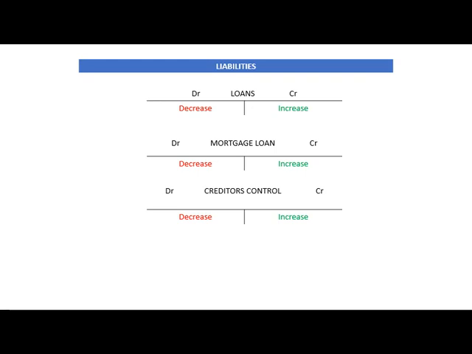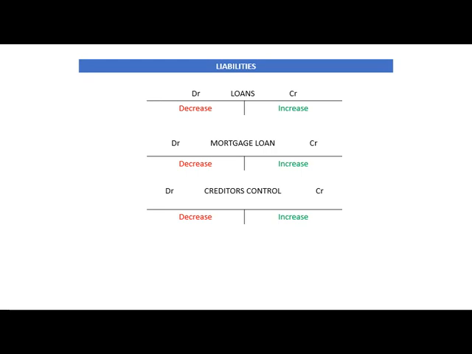So when you see that your asset is going up, you will debit that asset, but sometimes there's a high chance that you will credit income. For instance, if we made money from rent income, we will debit bank and credit rent income. It's because the definition of income says that it increases assets and reduces your liabilities.